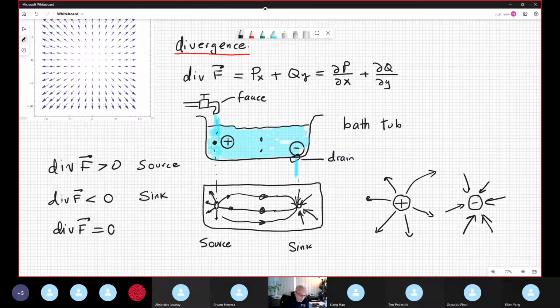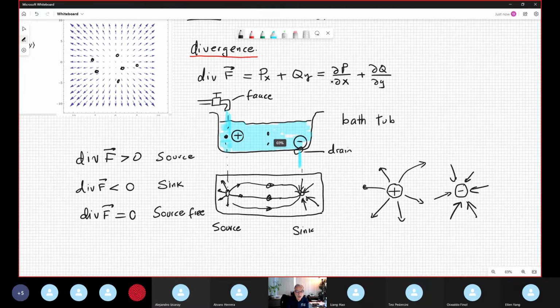When this situation happens, this is called source free. This is one terminology. We have no source and no sink. Okay, this is the interpretation of the divergence. It's a local property: divergence at that point, at that point, at that point.